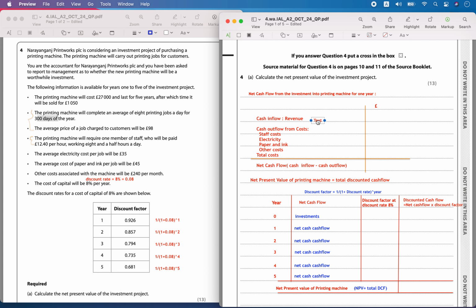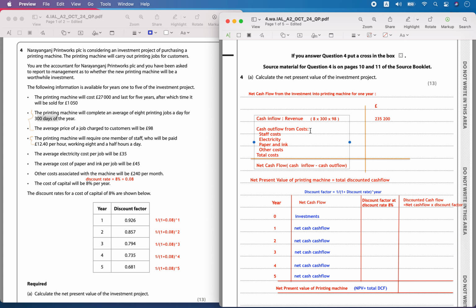So let's include all that: 8 customers, 300 days, and the rate is 98 pounds. That is going to be equal to 235,200 pounds.